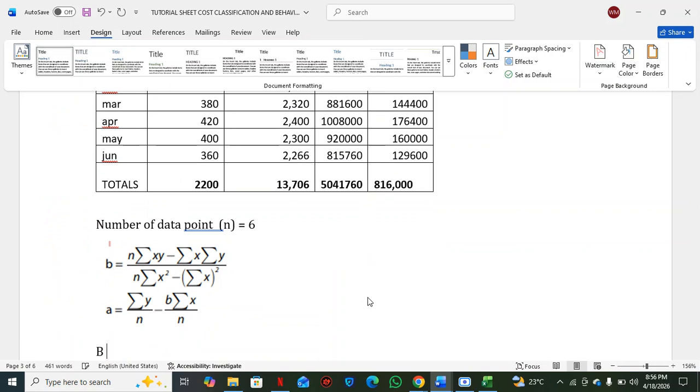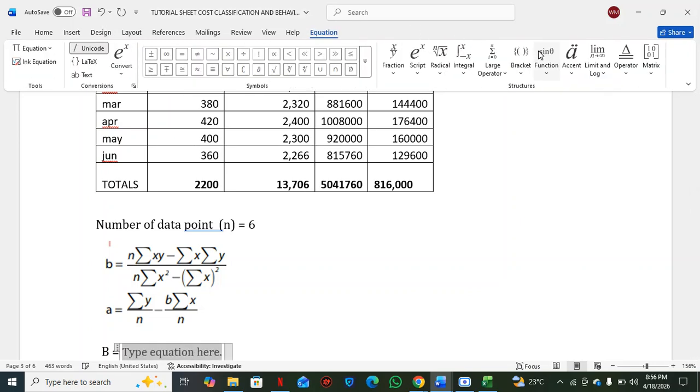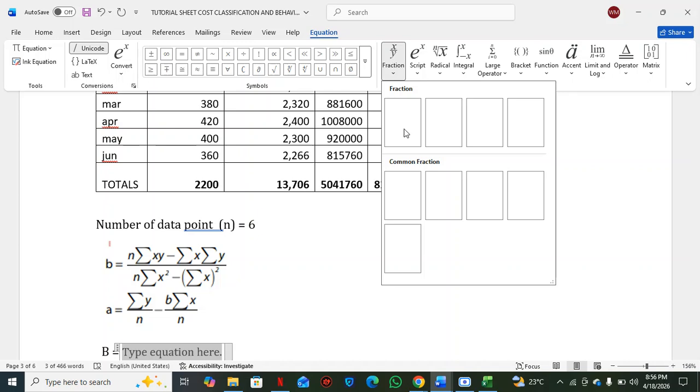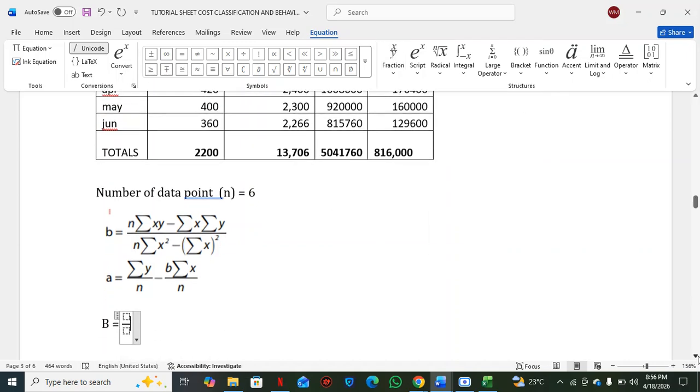So we're going to say B for variable costs. I'm following the formula there.